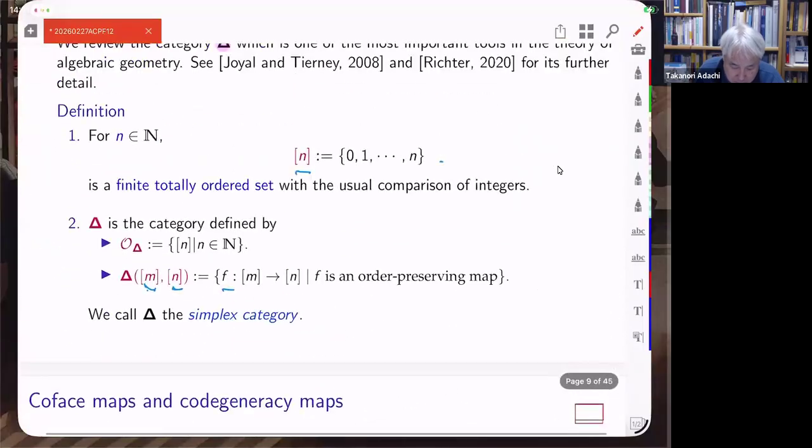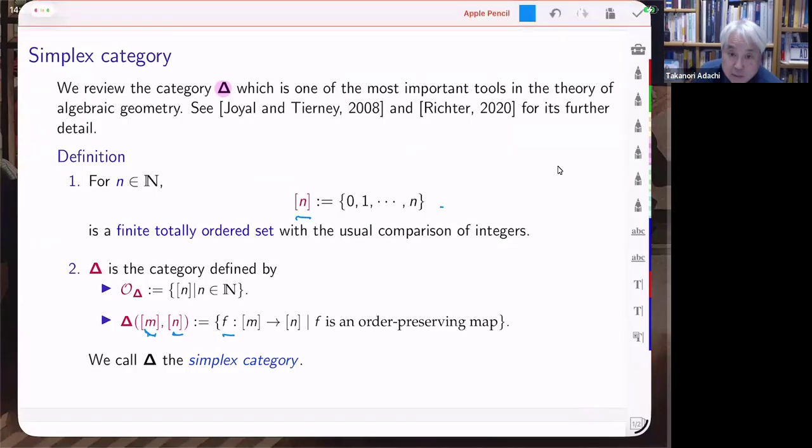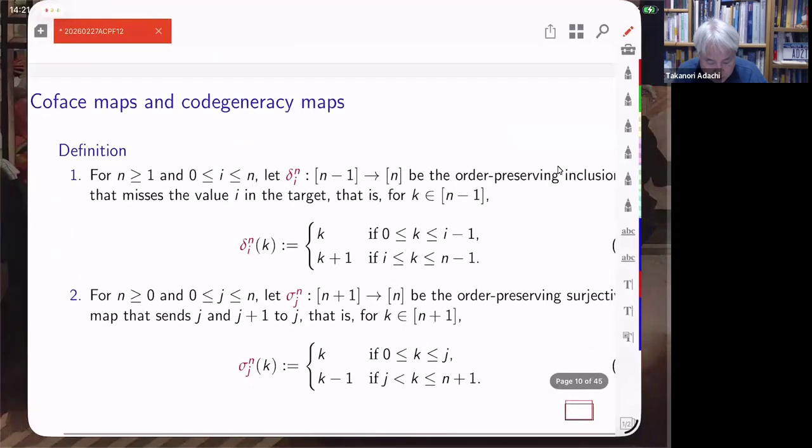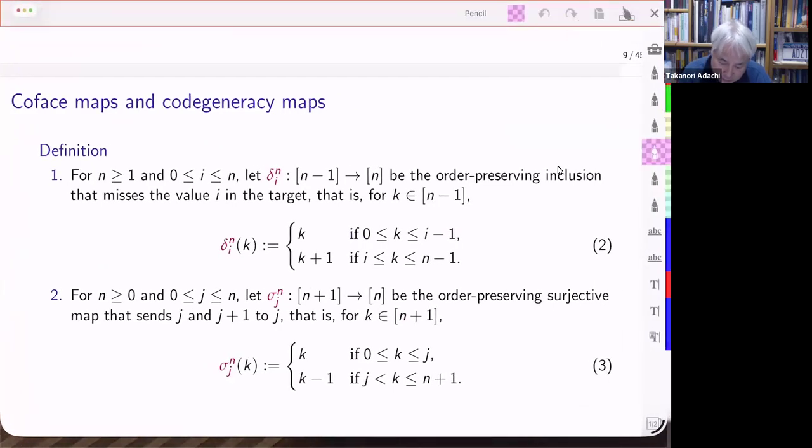Because we have many arrows from bracket m to bracket n, but there are two special types of these arrows: one is the little delta, and the other one is little sigma.